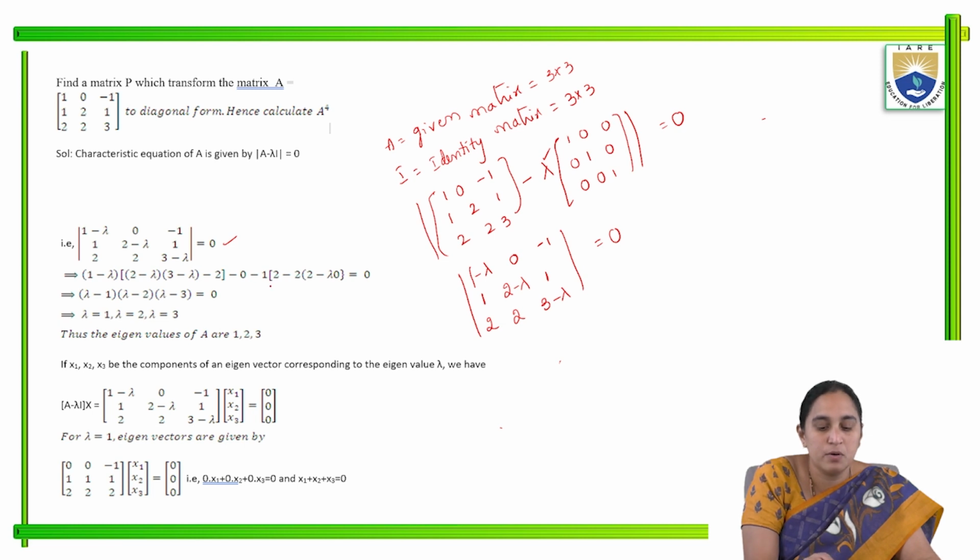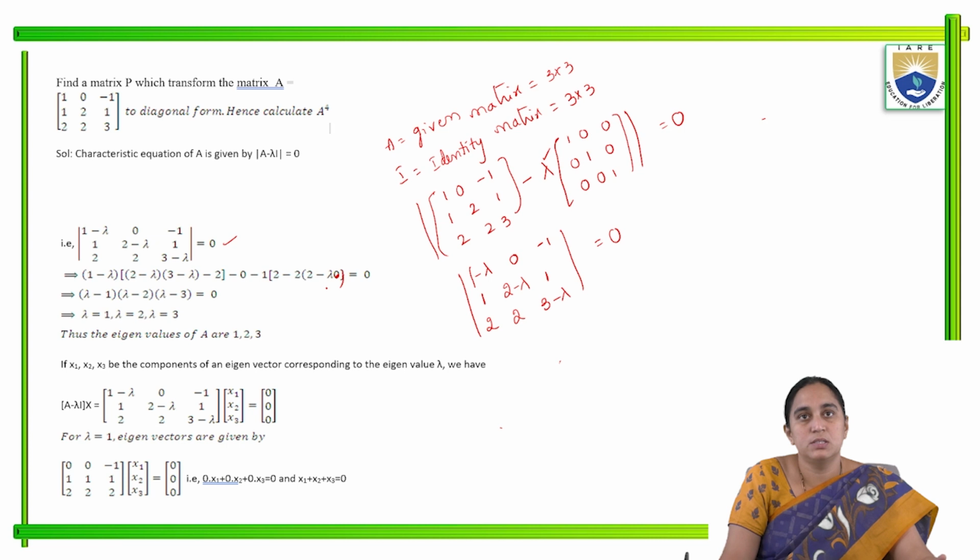Minus 0, minus 1 into the remaining part after neglecting the corresponding row and column, that is 1 into 3 minus 2 into (2 minus lambda), is equal to 0.